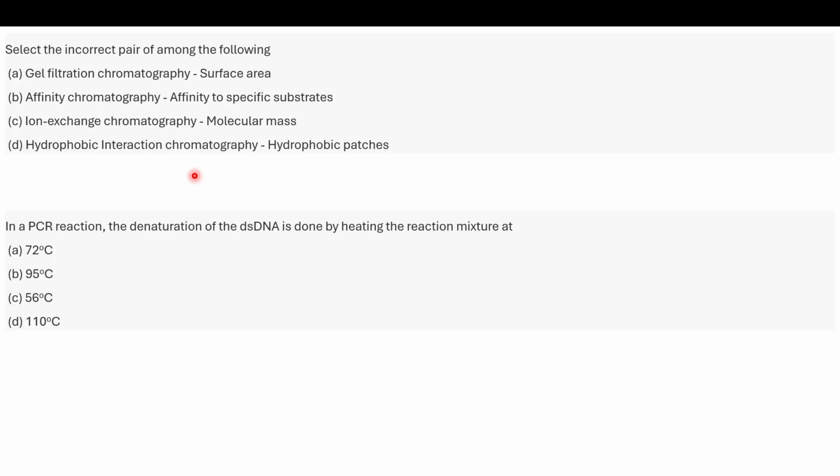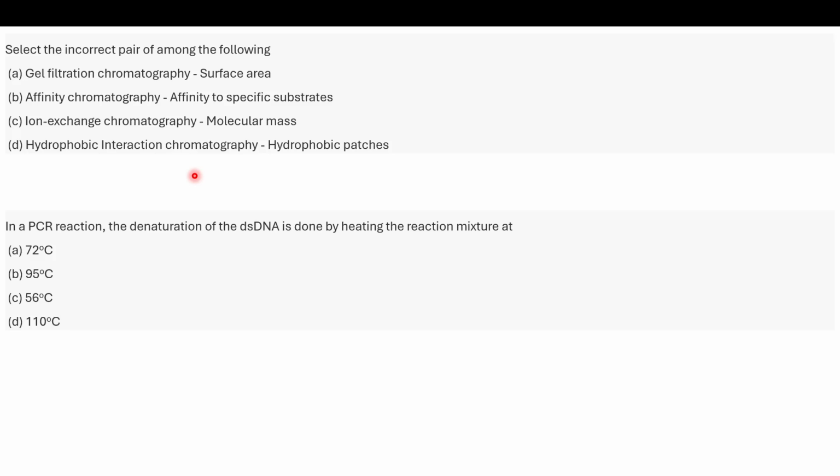Protein, nucleic acids. And what about the matrix to which the molecules are bound? Yes.